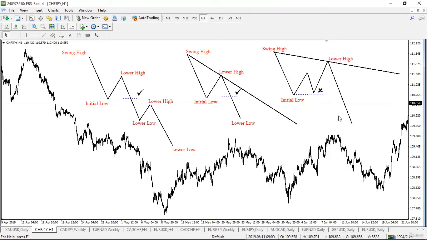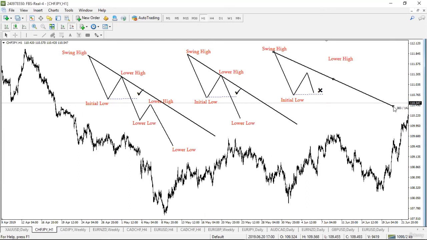It's a trend. So it's important that if you draw a trend line, ensure that you have taken out this low, then that will be a trend.